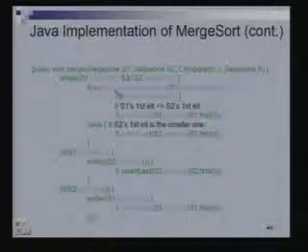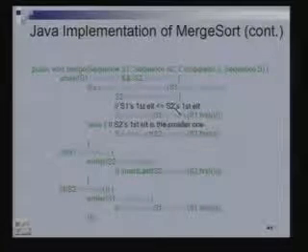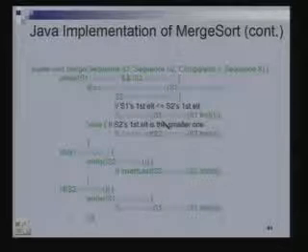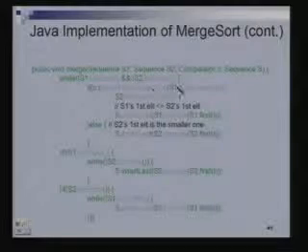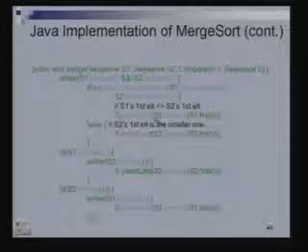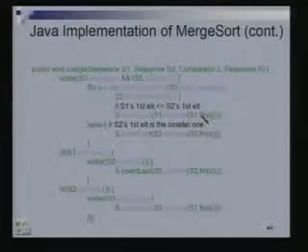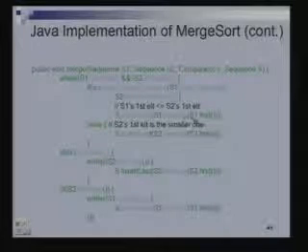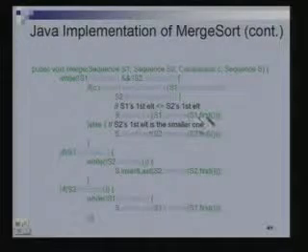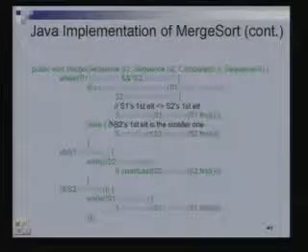If the first element of S1 is less than or equal to the first element of S2, then you should add the smaller, which is S1's, to S. You remove the first element of S1 from S1 and insert it into S. That's the only thing you are doing in this statement.